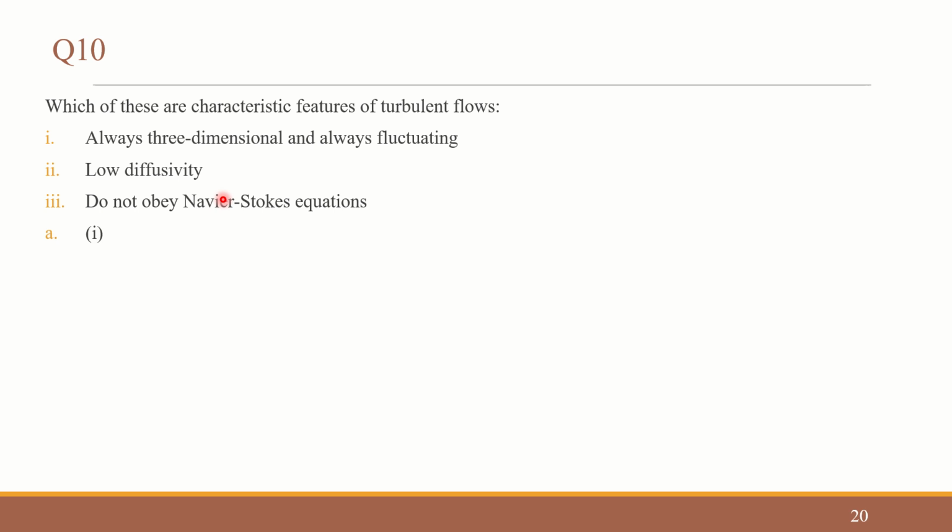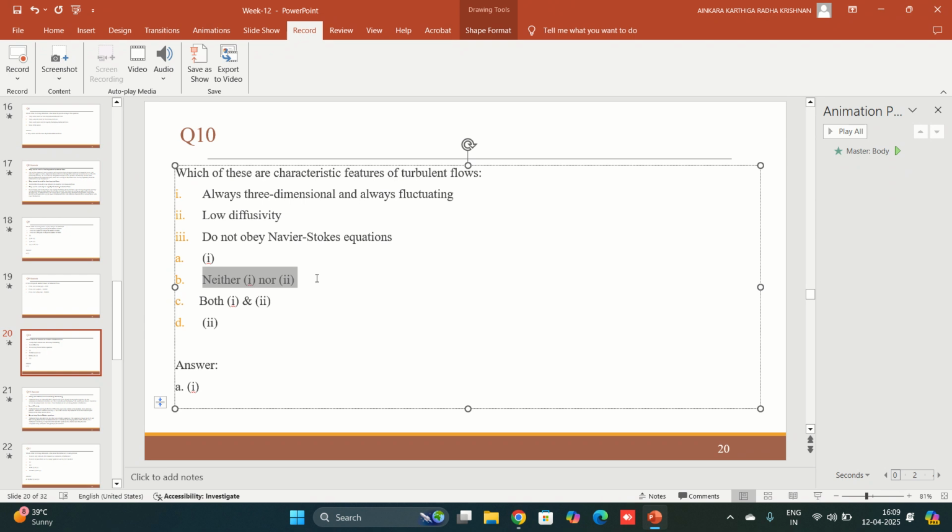Option A: 1, option B: neither 1 nor 2, option C: both 1 and 2, option D: 2. So the answer is actually option A. Option A is the right answer. If it were neither 1 nor 2, it should be 3, right?